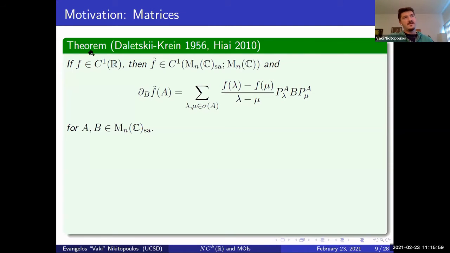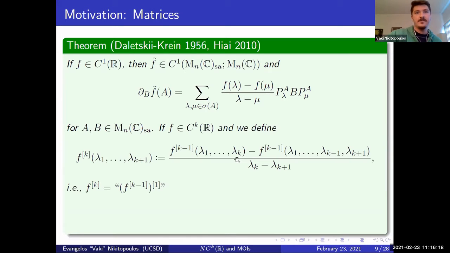All right, to summarize what we just derived, if f is a C^1 scalar function, then f tilde is a C^1 function from Hermitian matrices to matrices with derivative formula given by this. And now I'll give you the higher order version of this. And for that, we'll need a higher divided difference.